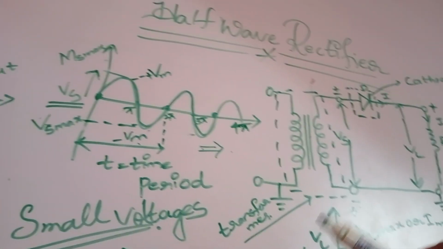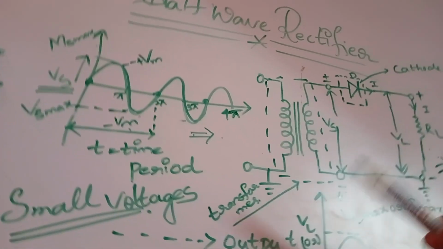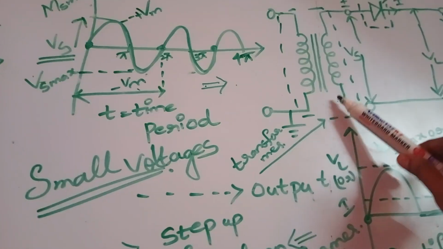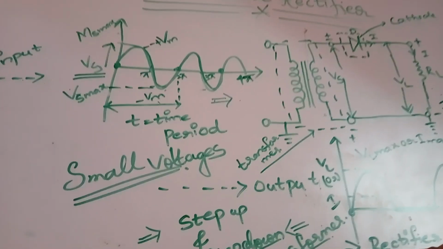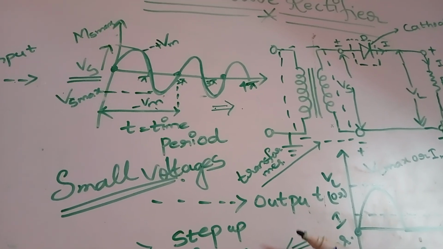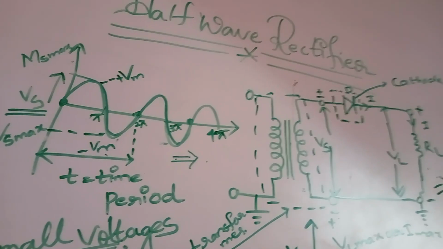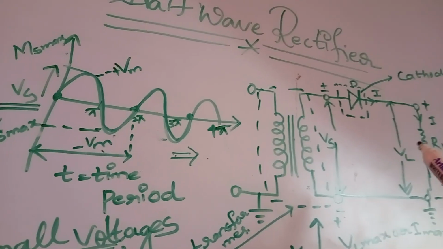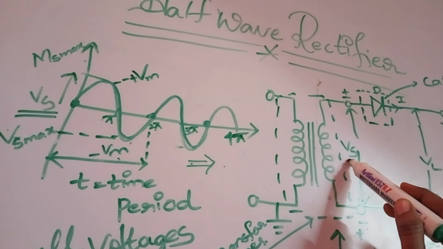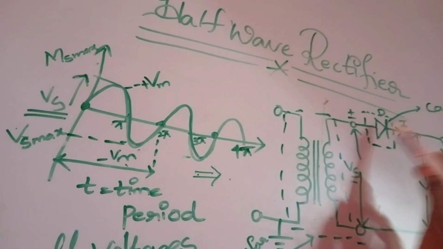So in order to convert, we use the step down transformer here. The concept I have explained, that why we use a step down transformer here, right? So you got an idea. So from this step down transformer we give the source voltage to the diode.